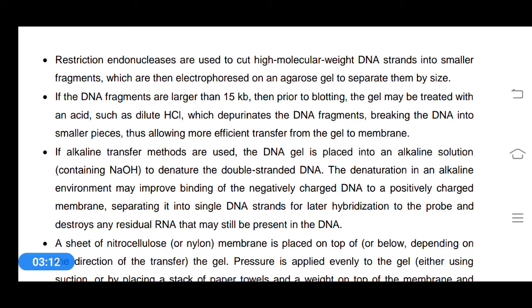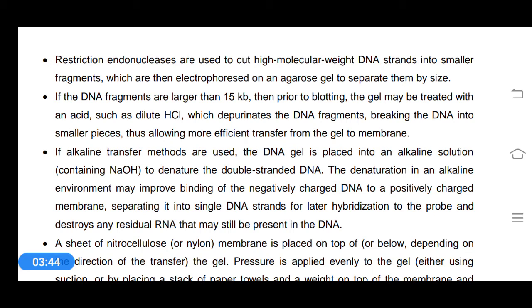After that comes alkali treatment. The DNA gel is placed in an alkali solution, that is NaOH, to denature double stranded DNA. Denaturation in an alkaline environment improves the binding of negatively charged DNA to the positively charged membrane.